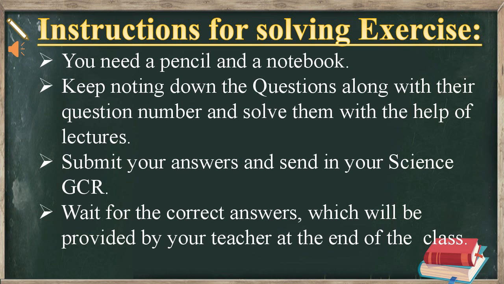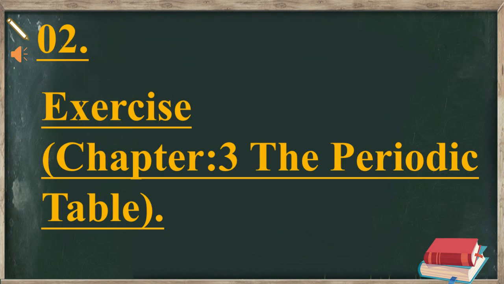Submit your answers and send in your science GCR. Wait for the correct answers, which will be provided by your teacher at the end of the class. Dear students, let's start the exercise of chapter number 3, the periodic table.